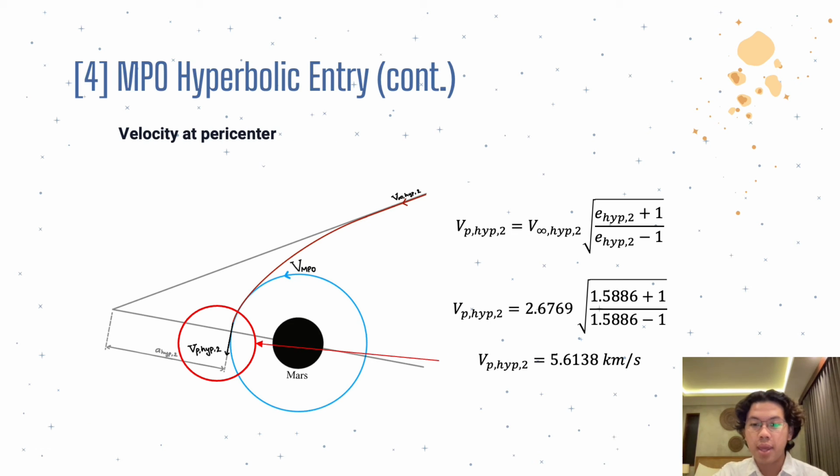From the hyperbolic orbit parameters we just obtained, we can now calculate the velocity at the hyperbolic pericenter. It is found to be 5.6138 km per second. This will later be used for calculation of velocity change from the transfer orbit to the circular parking orbit on Mars.